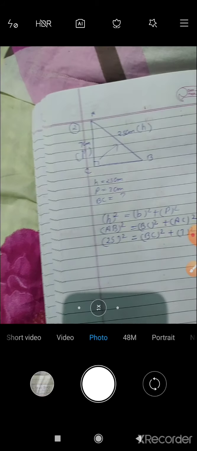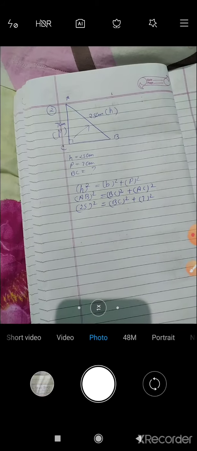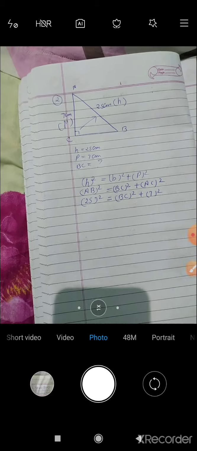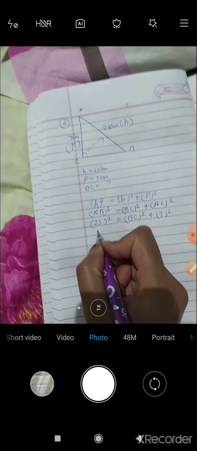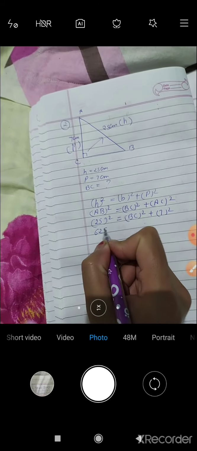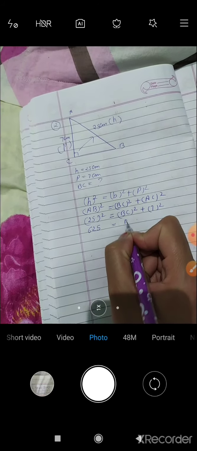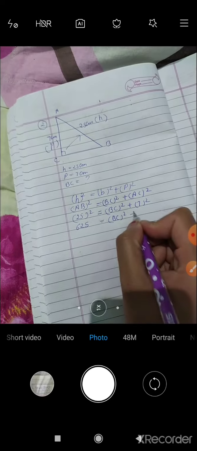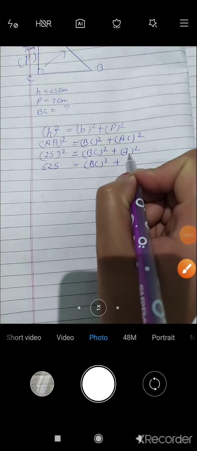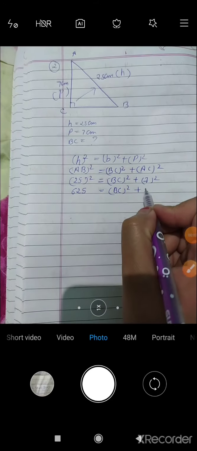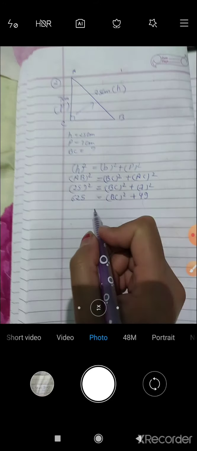First of all, we calculate the square of 25. For this we multiply 25 by 25. After multiplication we have 625, which is the square of 25. In place of 7 square we multiply 7 by 7. So 7 multiplied by 7 is 49.